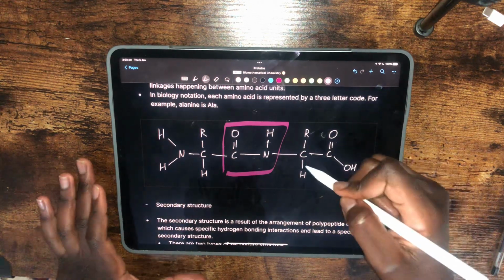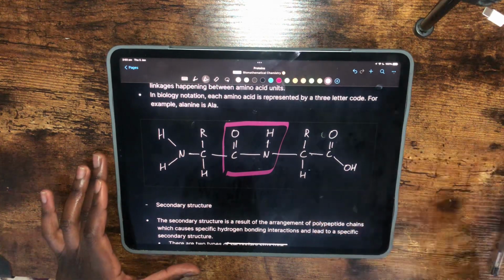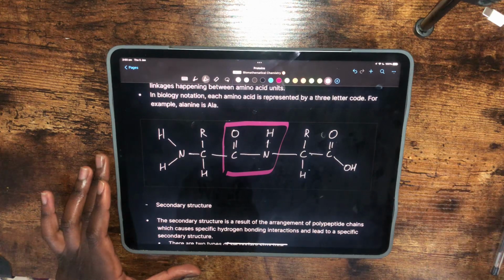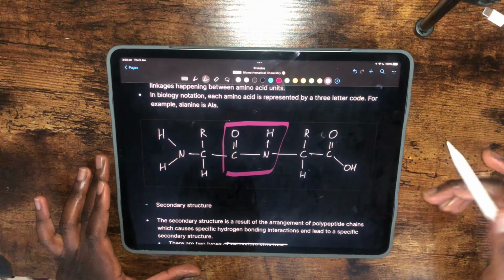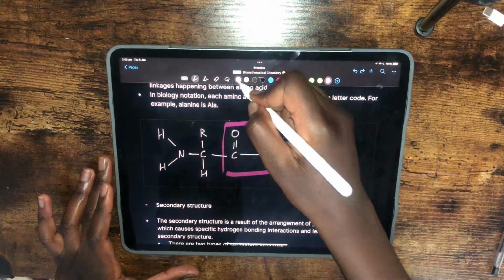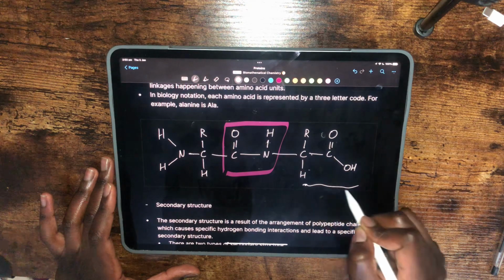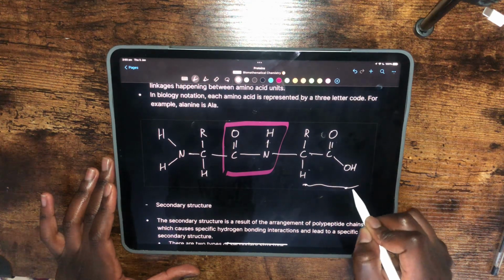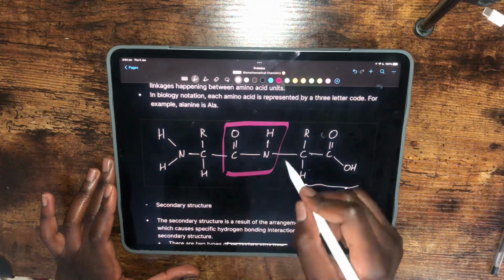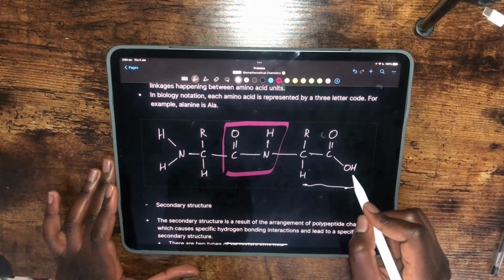And this will be between either other carboxyl groups or other amines on the same polypeptide chain, on a different amino acid on the same polypeptide chain. So say this is one amino acid here, and this is another amino acid here, and then the amine group here has hydrogen bonding with a hydrogen on this hydroxyl group here.